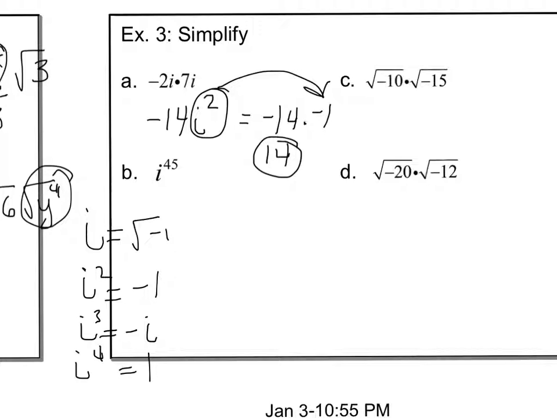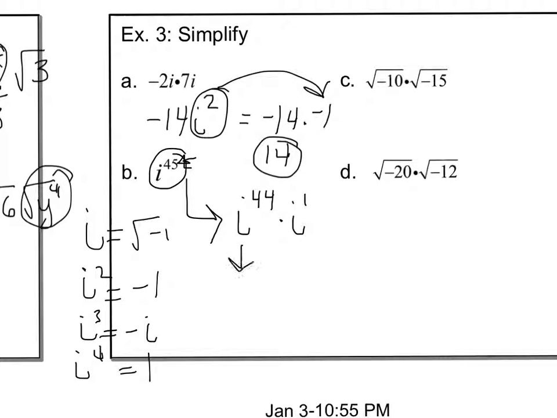So I'm going to work on this information right here. All right, I have i to the 45th. So I'm going to change my question so that this number is divisible by 4. I'm going to change it to i to the 44th times i to the 1st.